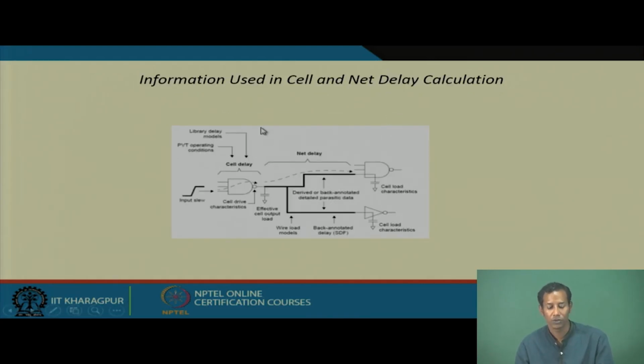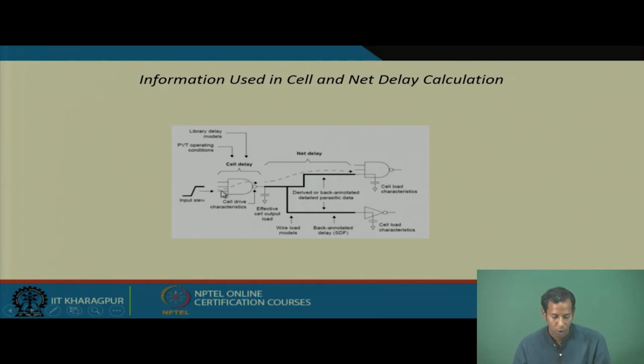So, we already know that the gate delays are basically stored in lookup tables whenever we do timing analysis, but the net delay or wire delay is calculated on the fly. Based on what information? Suppose you have this NAND gate connected with some inverters and again connected with another NAND gate.